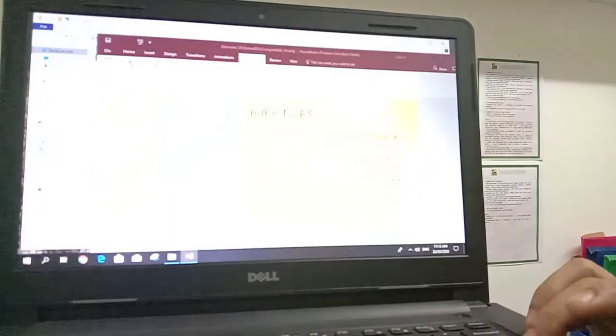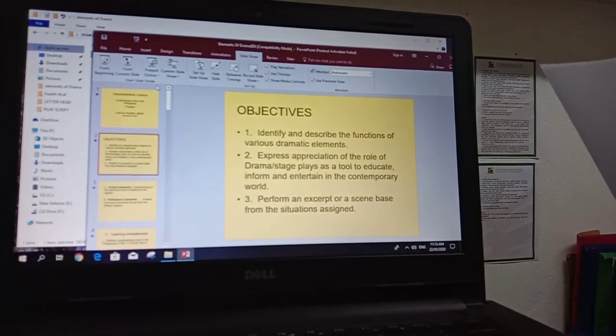For your activity 2, the title of the activity is Gawa mo, tanghal mo. The direction is, based on the following situation, create a scene and perform. 1. Terminal setting. 2.